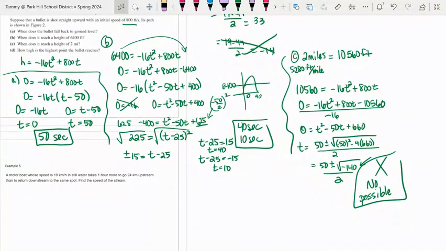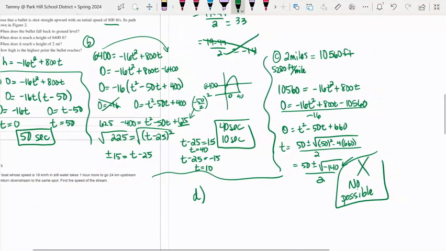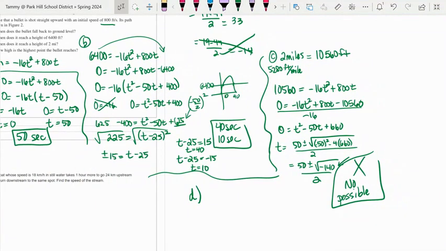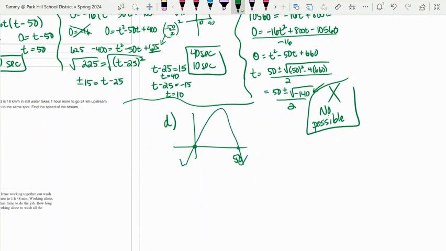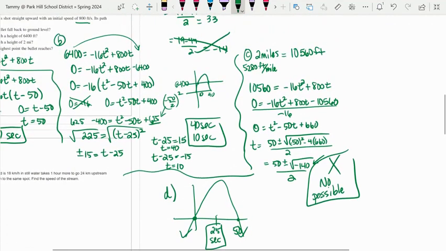And letter D, what is the highest point that it reaches? We know at 0 it's on the ground, and we know at 50 it's on the ground, and this thing goes up and down evenly. Gravity works nicely. So the halfway point would be at 25 seconds. All you have to do is put in 25 for the t.